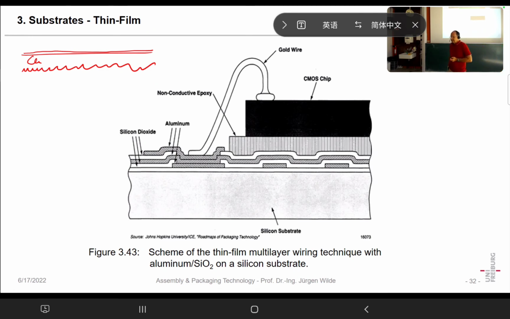So mainly the high frequency people started developing thin film technology for multi-chip modules and for hybrid circuits. Again, hybrid, of course, we have, for instance, microcontrollers, or rather signal processors, ASICs on one hand, and on the other hand, we have high frequency transistors.